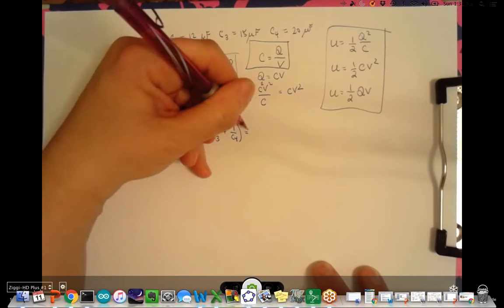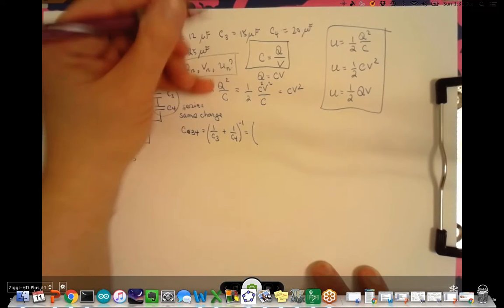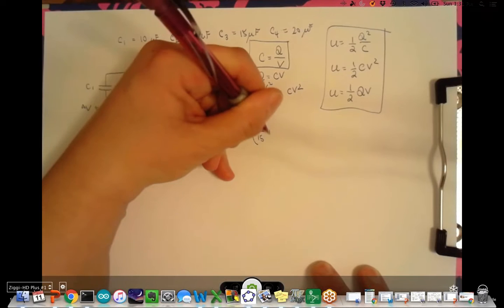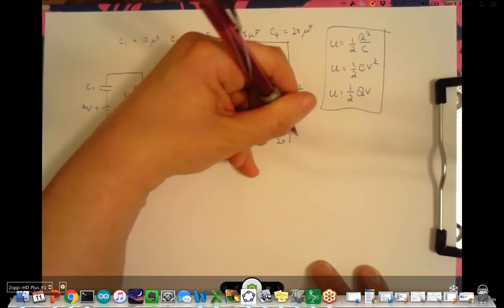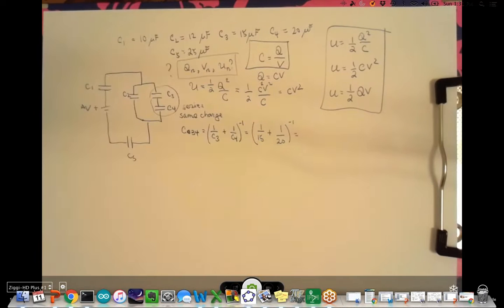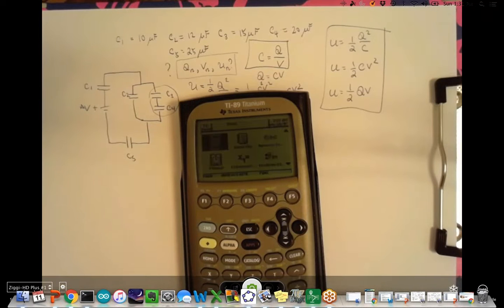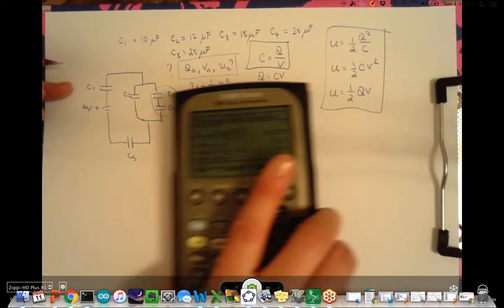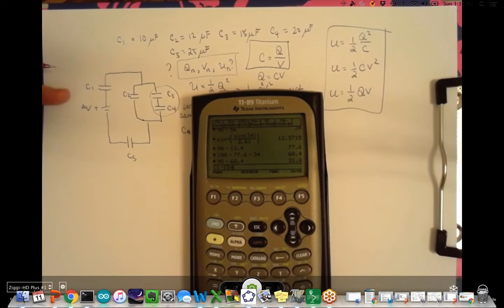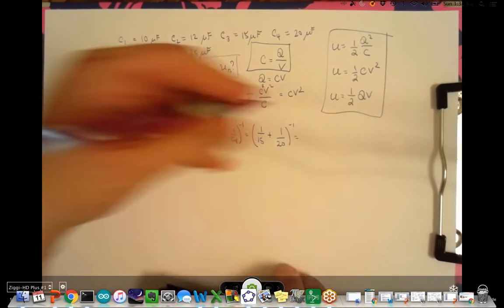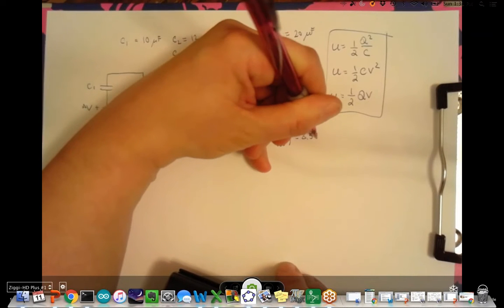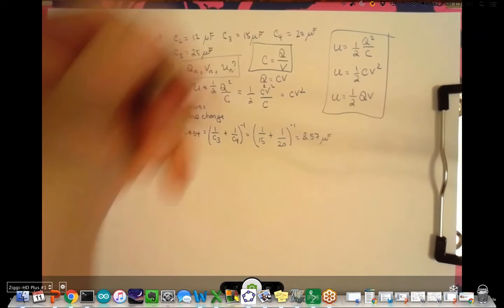So this is 1 over 15 microfarads plus 1 over 20 microfarads, to the minus 1 power, which gives me 8.57 microfarads.